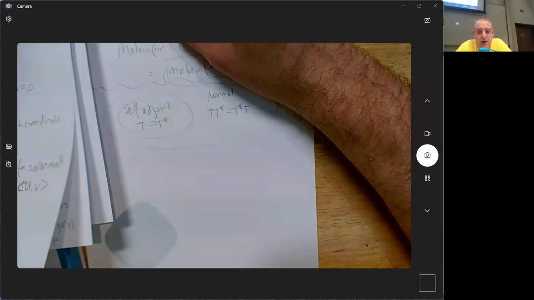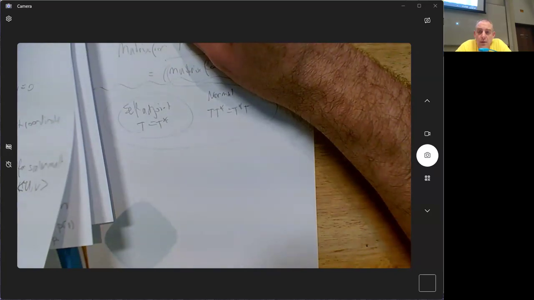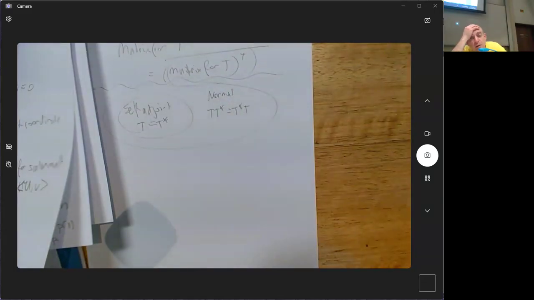Spectral theorem is eigenvalue things, right? So if it's self-adjoint, and only if, then there's an orthonormal basis that will give it a diagonal.